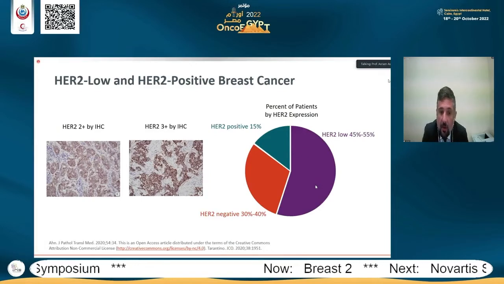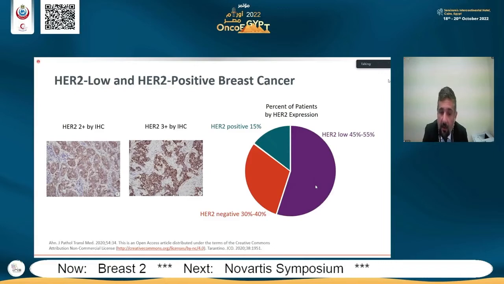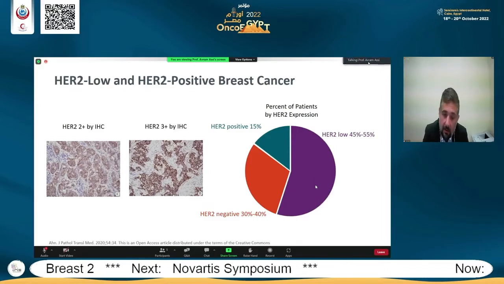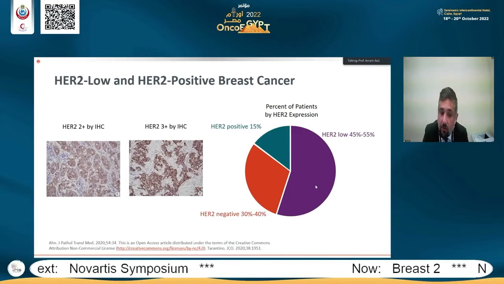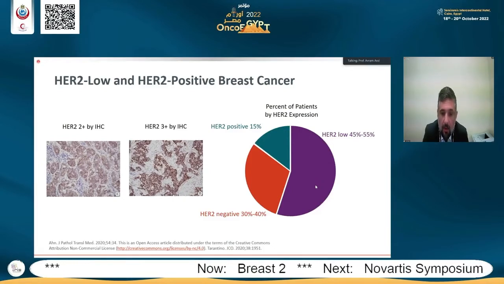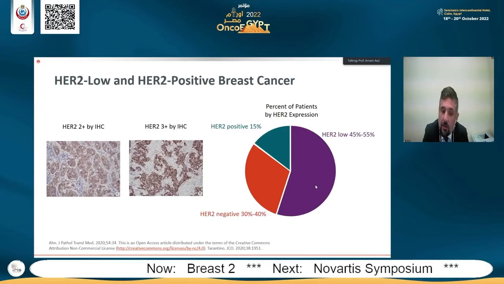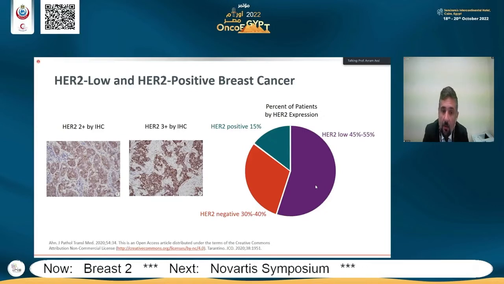First of all, in the early 80s, about 40 years ago, Dr. Dennis Slamon identified that about 25 to 30% of breast cancers had an amplification of the gene for human epidermal growth factor receptor 2, leading to overexpression of the protein on the cell surface of breast cancer cells.